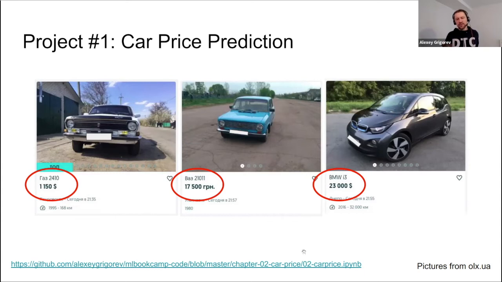Of course you can just find a tutorial and go through it, but it's much more fun and better to learn this way if you come up with a problem. The problem is, okay, I want to build a system that predicts the price of a car. Then you start looking for information on how to do this, and you will find different articles and tutorials, and you combine them all together. And then you know how to do this.